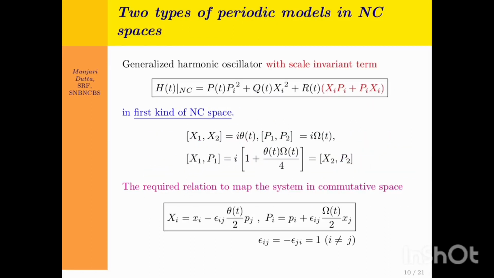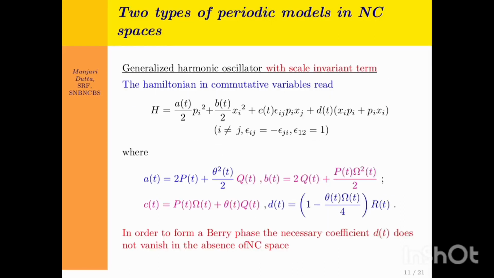Now I am going to describe which periodic models are to be considered in the non-commutative background. This is the first system, and this is the original Hamiltonian with the scale invariant term, and this is the structure of the non-commutative space. For shifting the variables from non-commutative space to commutative space, these are the required Bopp-shift relations.